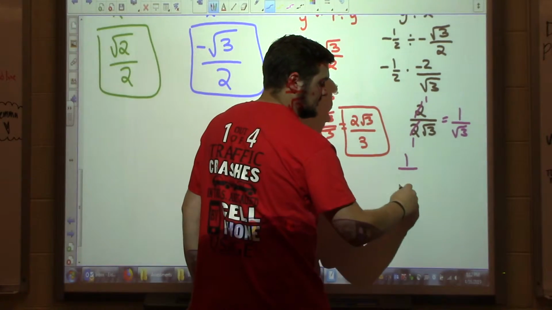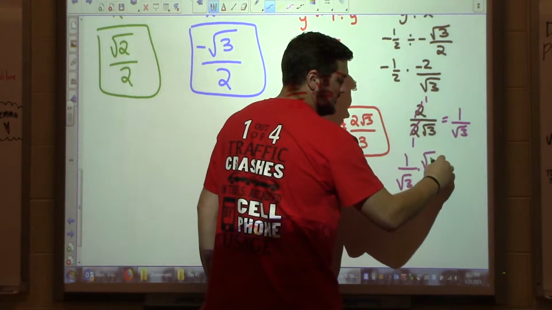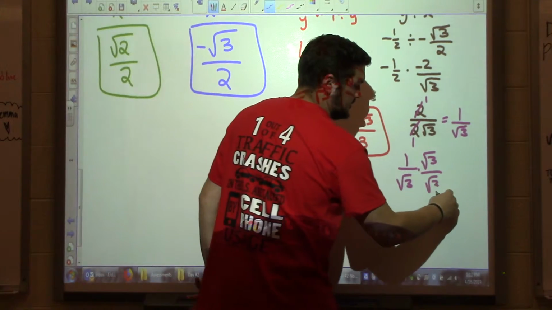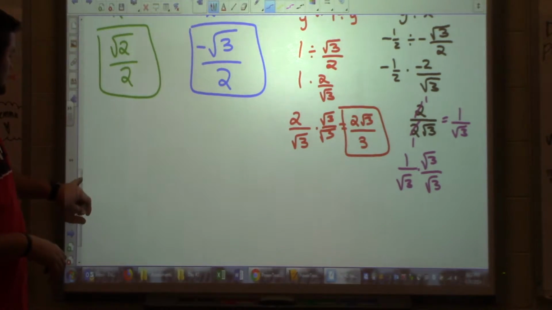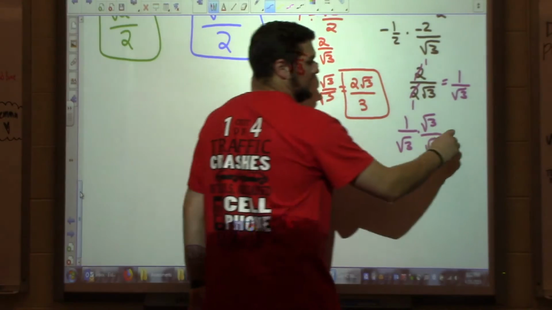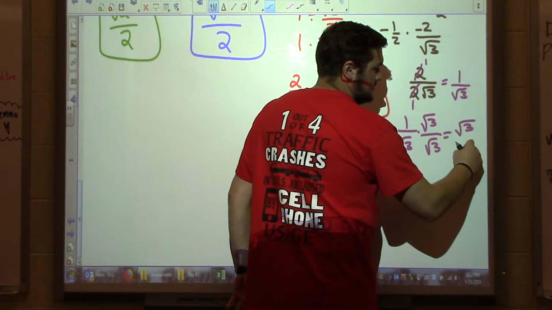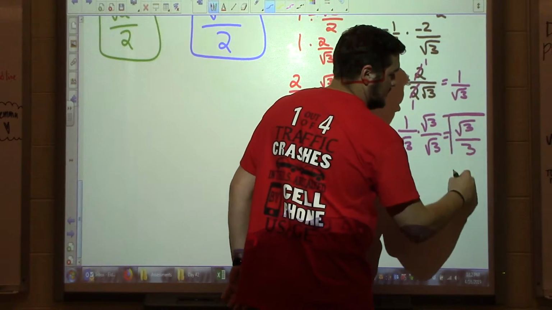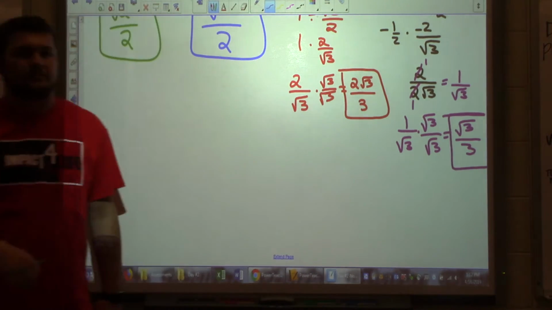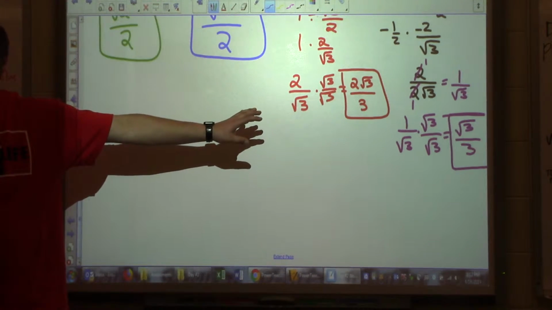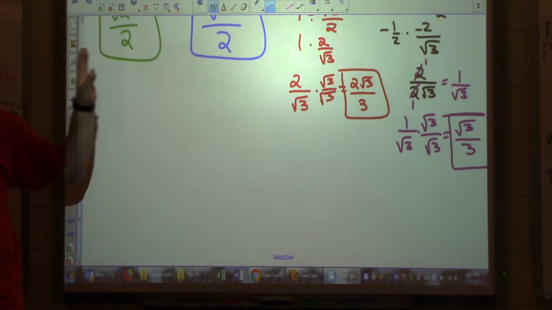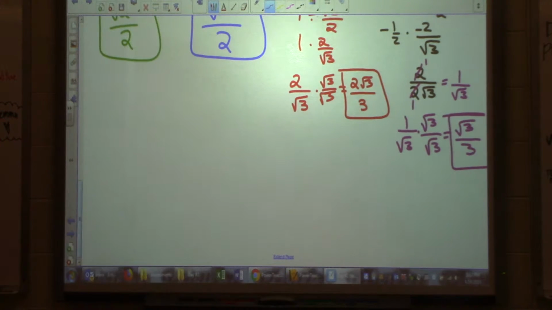So 1 over square root of 3 times square root of 3 over square root of 3. Our final answer should be square root of 3 over 3. Does that make sense? Do you have any questions so far? Need to make sure we're simplifying. Need to make sure we're rationalizing. Okay?